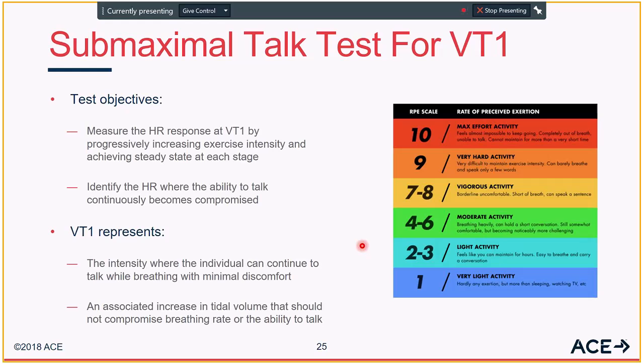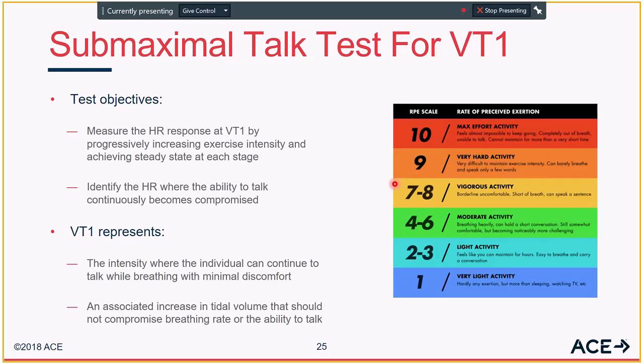So the talk test would be being able to keep a full sentence while walking on the treadmill. So you can use either, on a scale of 1 to 10, feel like a 5, or if you're walking with someone, you're able to have a conversation with them. If you're only able to have a couple words at a time, you might be getting closer to that 7 or 8. So it's getting a little bit more difficult to talk to the person next to you.